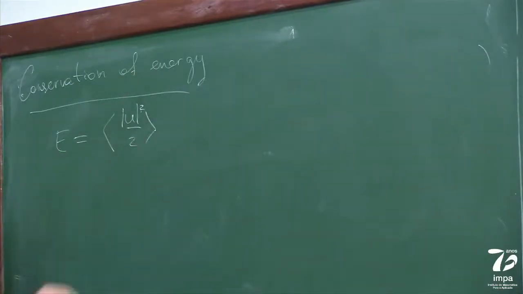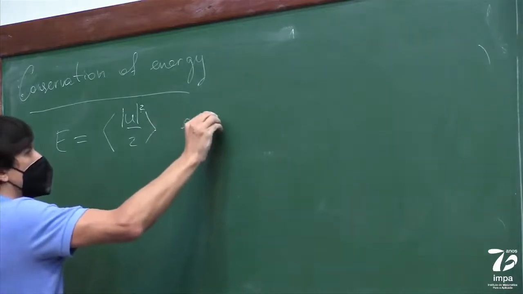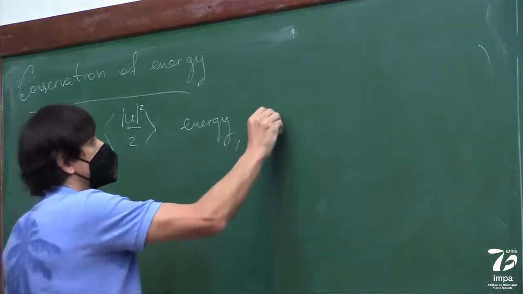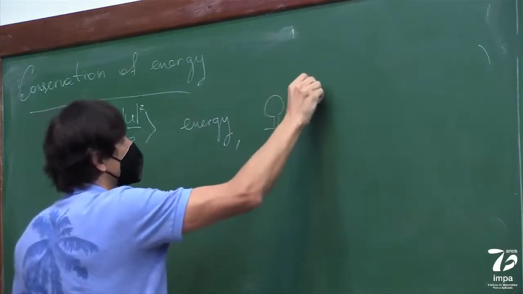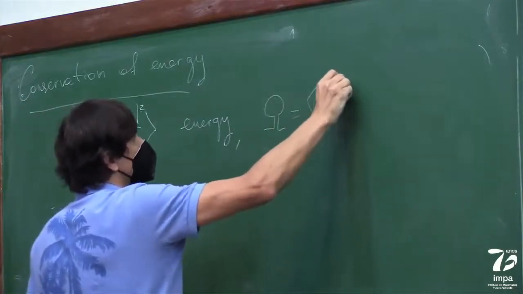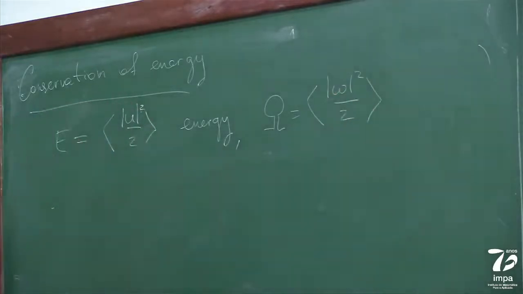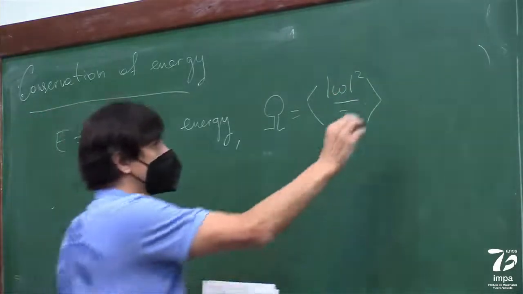It's called energy. Together with the energy, let us define another quantity, which we call omega. It will be defined in a similar way, but through the vorticity. It will be called entropy.